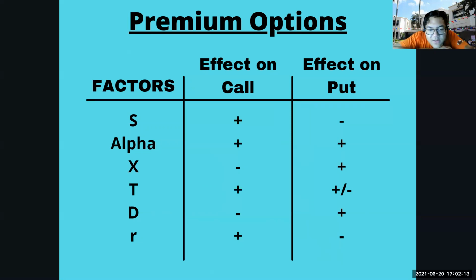Next we have the D, which has a negative impact on call, while on the put it has a positive impact. Finally, the small r, which I forgot to add to the factors, has a positive effect on call, whereas on the put options it is negative.